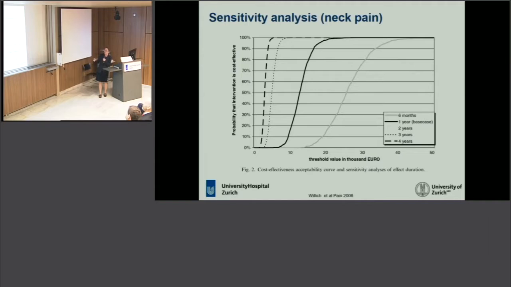It would be something like 60 to 70% cost effective, the probability, if the effect only stays for 1 year. So you can also see with the sensitivity when it is more or less cost effective.